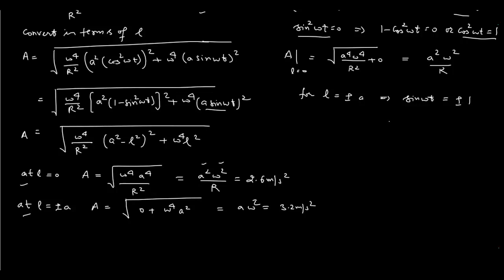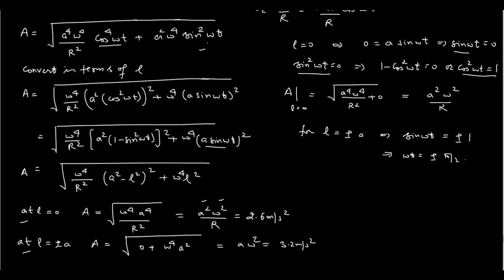So this shows that omega t is equal to plus minus pi by 2, and if you substitute the value pi by 2 in this equation, you will get A for L equal to plus minus A. So cos of pi by 2 is 0, so this part of the equation will become 0 and this part will become 1.